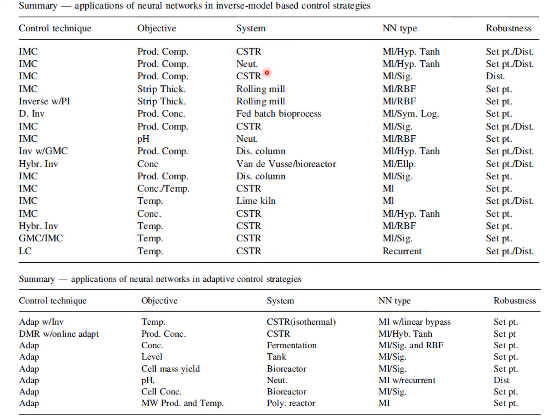And you can see most of these are quite difficult to model using a straightforward model. A lot of them are nonlinear systems, fermentation and so on. So neural networks have been proven to be usable quite effectively for chemical process systems.